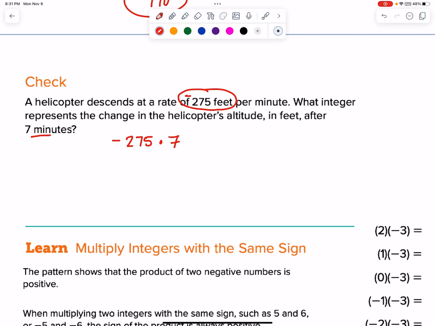All right, so look at your operations. I have 7 groups of negative 275. We hate to love, okay, so here's my hate, and here's my love. If we hate to love, then that means we hate at the end, so it's going to be negative.